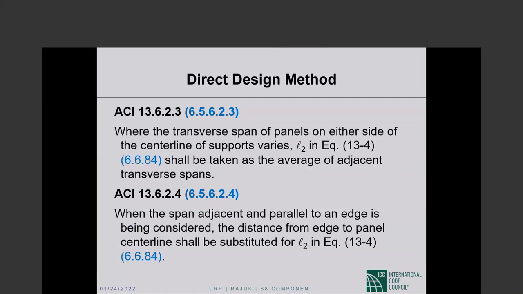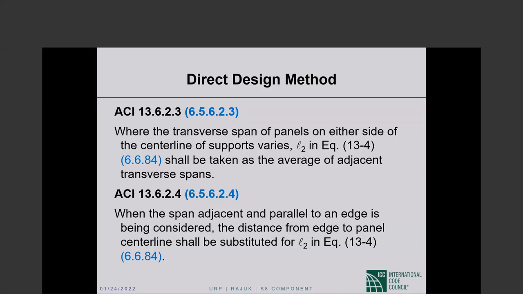These details, I was hesitating whether to read or not: where the transverse span of panels on either side of the center line of supports varies, L sub 2 shall be taken as the average of adjacent transverse spans. I think that is understandable upon reading.